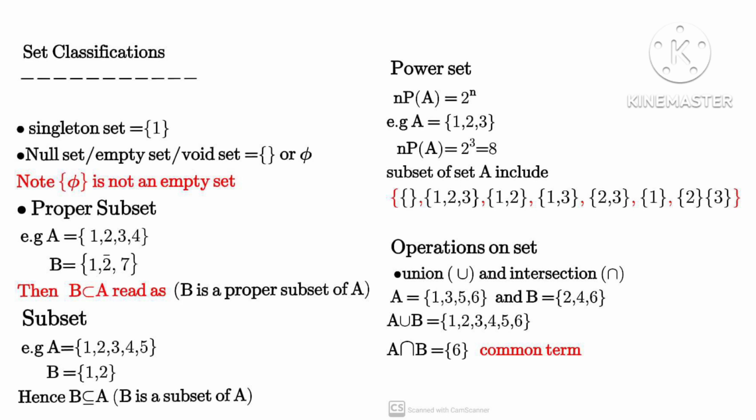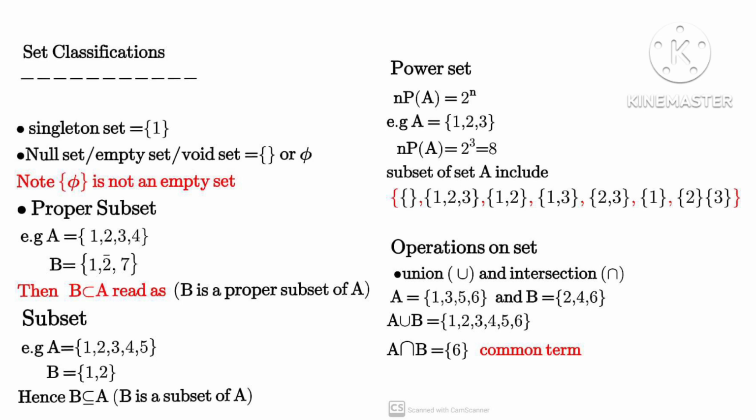Now, if it is a subset, it must contain all the elements. I repeat, it must contain all the elements in B. So you see that 1 and 2 are contained in A. The reason why I'm using the word containment is because a subset is also known as what? A containment. You understand?